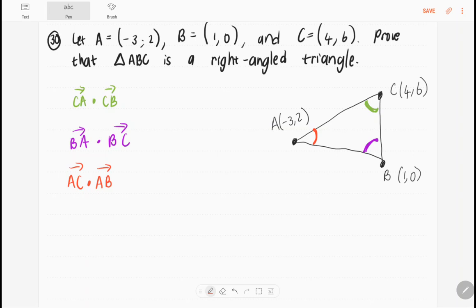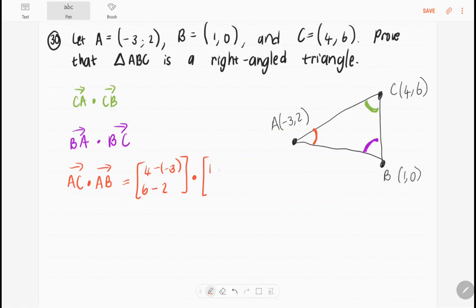Right. So when we work out those dot products, for instance, if we look at AC dot AB first, we are going to have C's coordinates minus A's coordinates. So it's going to be 4 minus minus 3 and 6 minus 2 dot, and then we have B's coordinates minus A's coordinates.